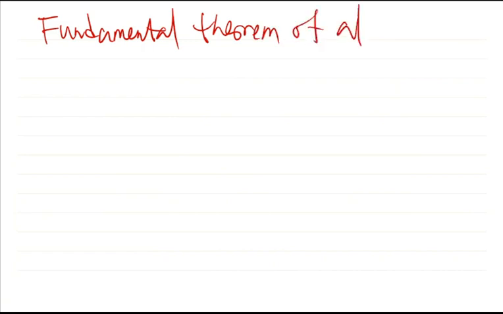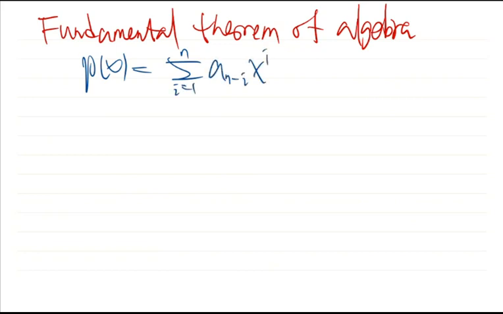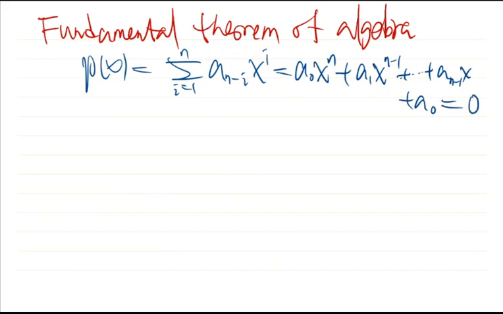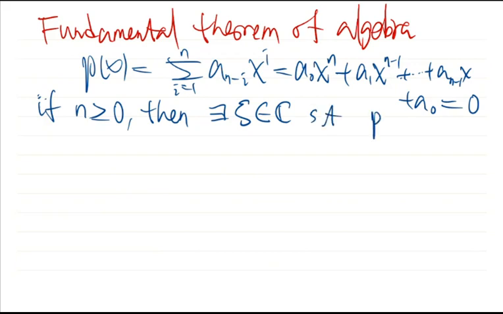The famous example is the fundamental theorem of algebra, which says that for the polynomial P(x) = a0 x^n + a1 x^(n-1) + ... + a(n-1) x + an, if a0 is not 0, then there exists a point c in the complex plane such that P(c) is 0. So this is to say the equation has a solution.